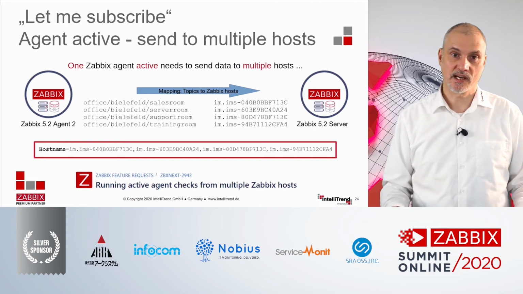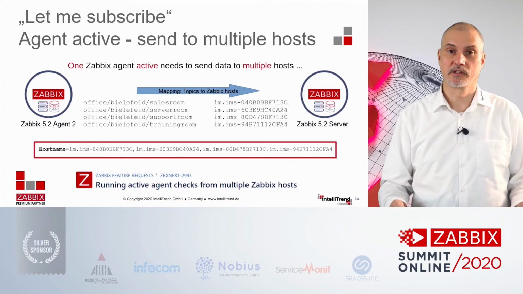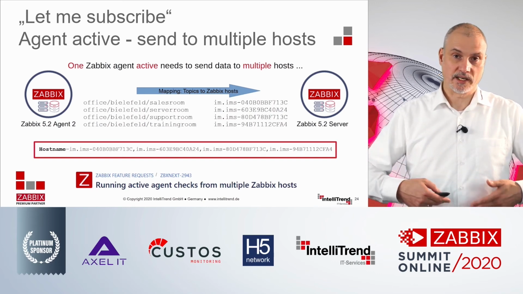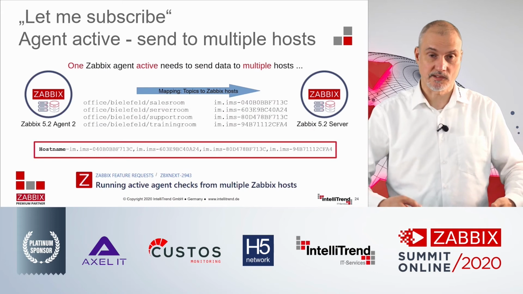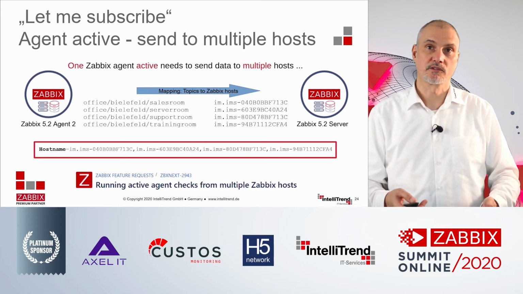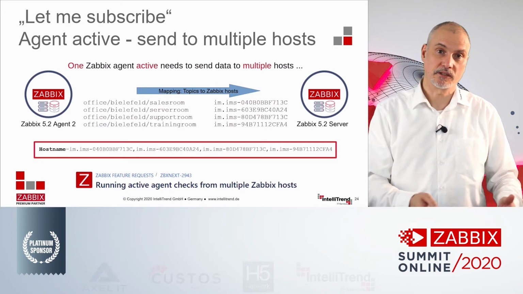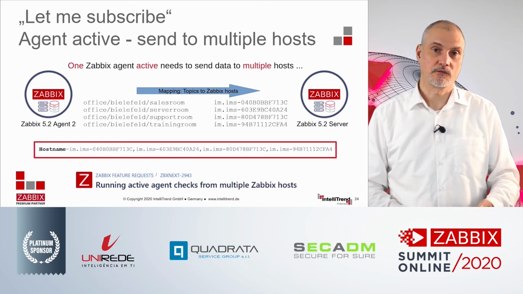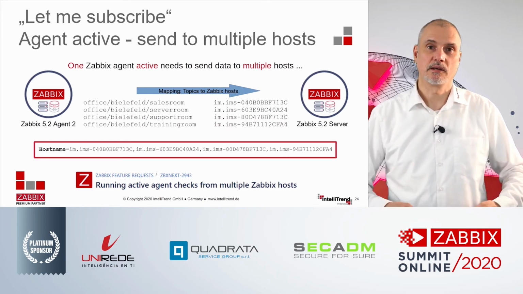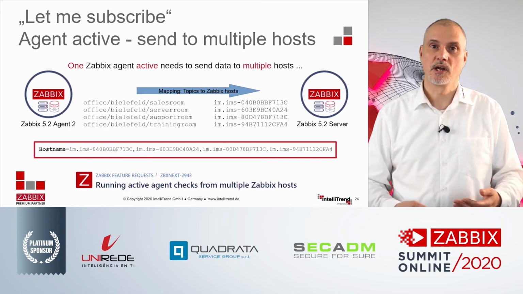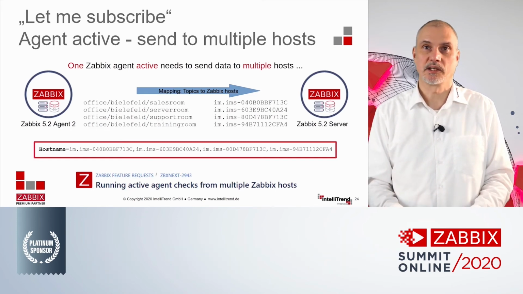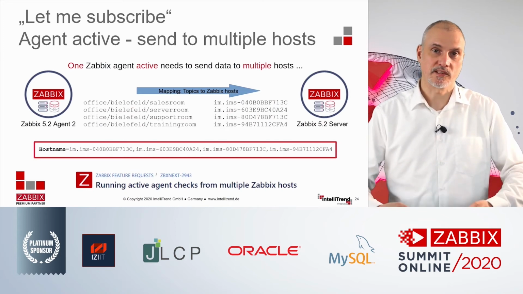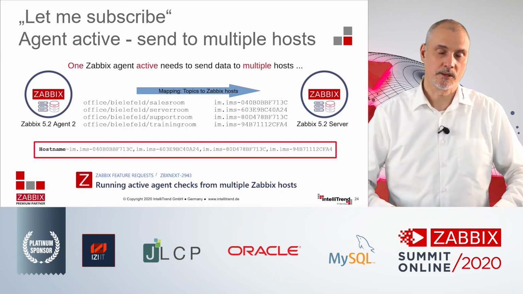In a traditional Zabbix, we would need 4 different agents to do that, because each agent running as active would have to configure its host name. That would be the host name where it will send the data to, and that's it. And that won't work for our setup here in a cool way, because we would like to have just one agent installed and then handle maybe different hosts by subscribing to multiple topics.